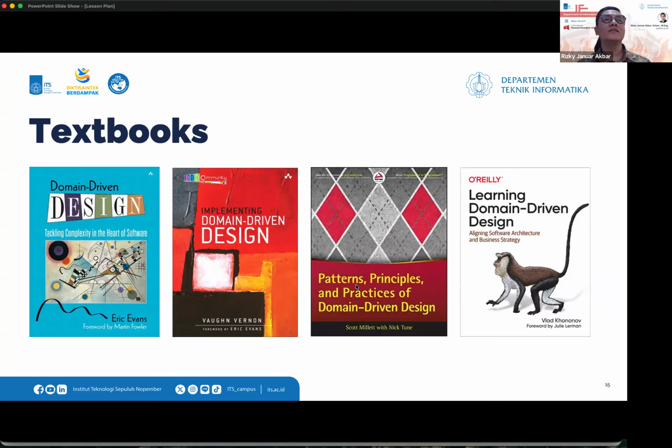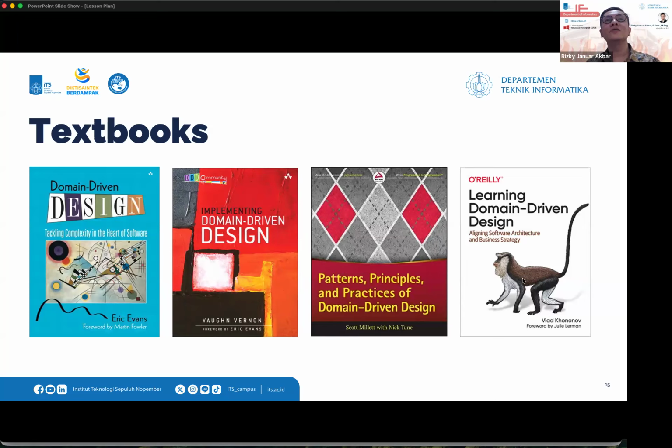And then we have Patterns, Principles, and Practices of Domain-Driven Design by Scott Millett and Nick Tune. This is also very good in the detail of technicalities. If you want to master domain-driven design, I suggest you to read this book first.